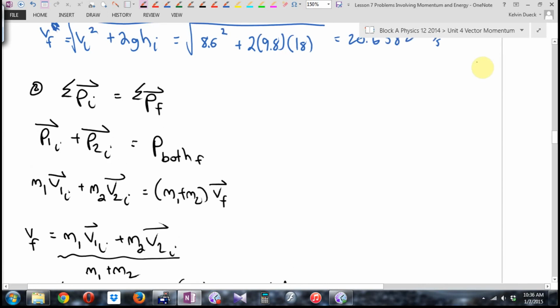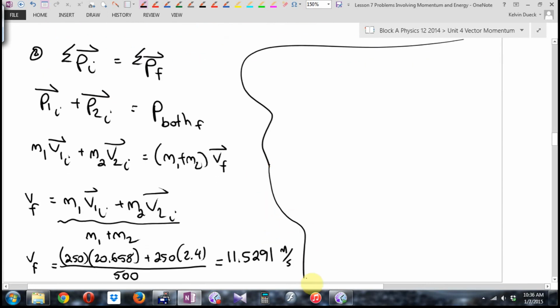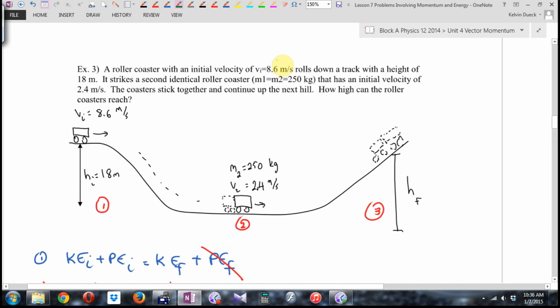Well, it looks like I'm going to do the rest in this area here, in my high-tech spacing. Part 3. There's a change in height, there's a change in speed, there's a curvy path.